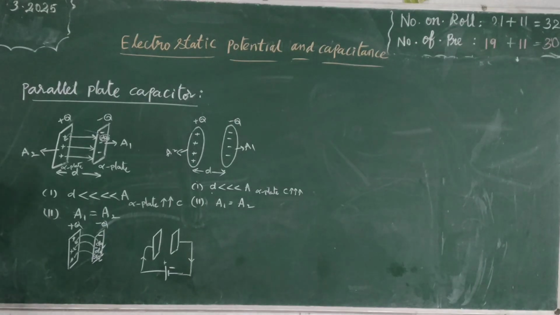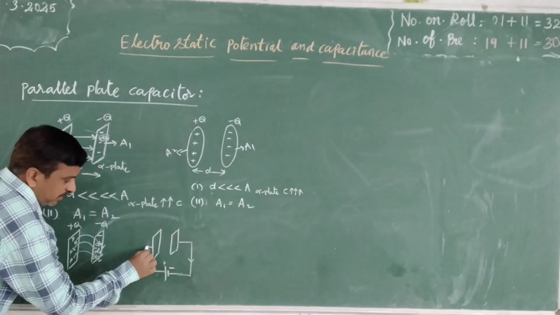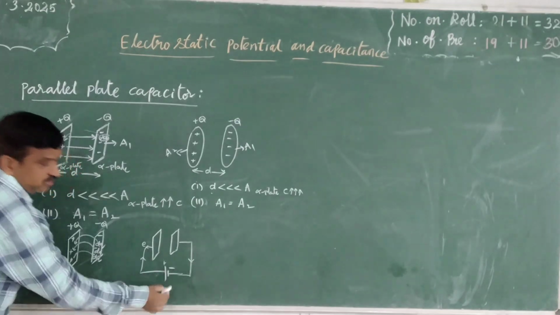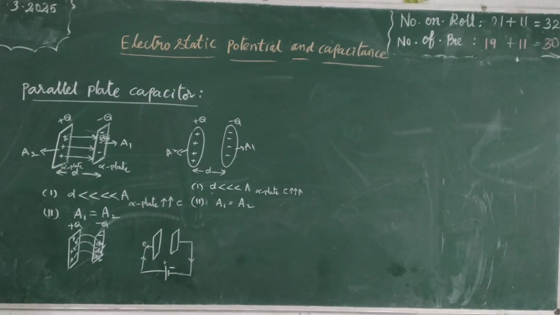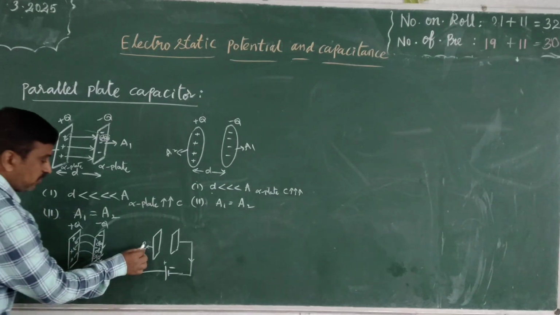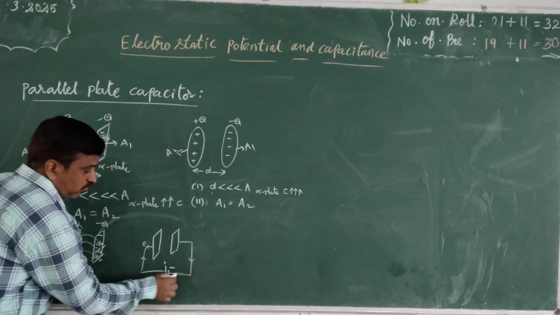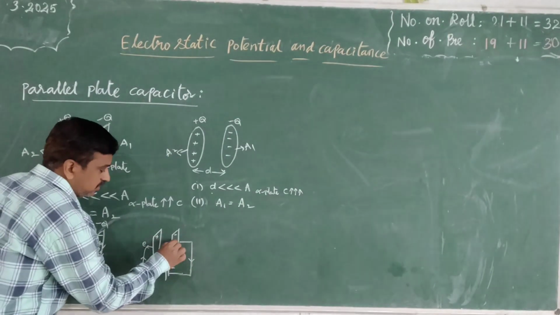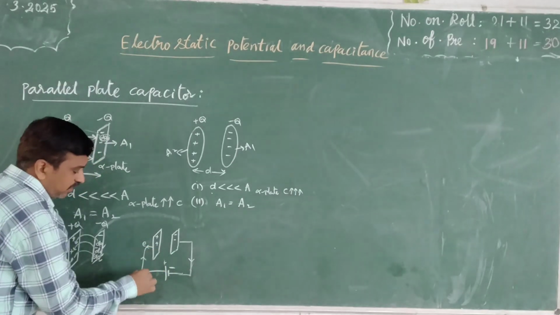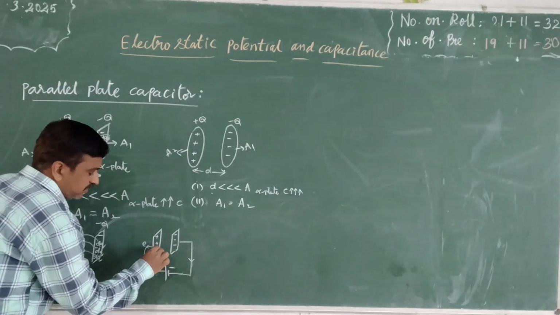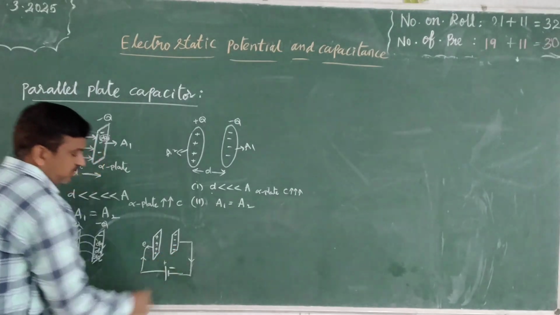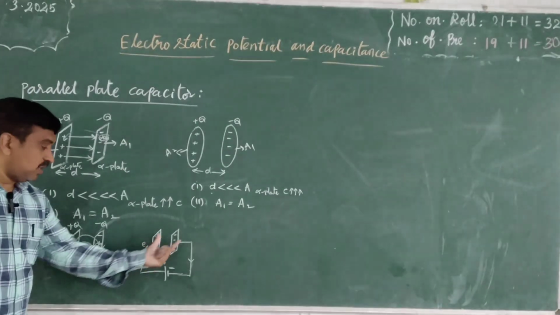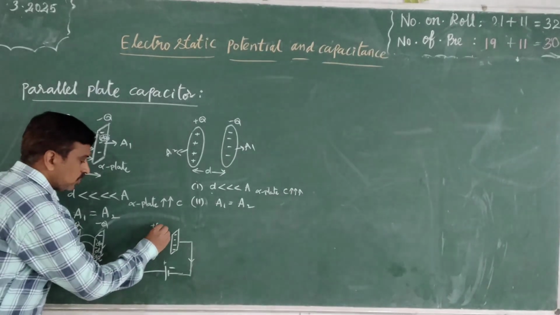Here we can take electrons moving. The cell is an energy source; it doesn't supply electrons, it transfers them. So an electron moves in this direction and reaches here, so we get minus here and plus there. One more electron moves and reaches here, minus here and plus there. One more electron, again minus and plus. So we get an equal amount of charge on both plates: plus q and minus q.